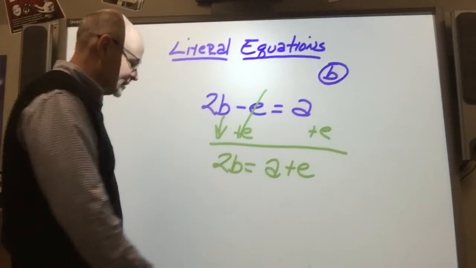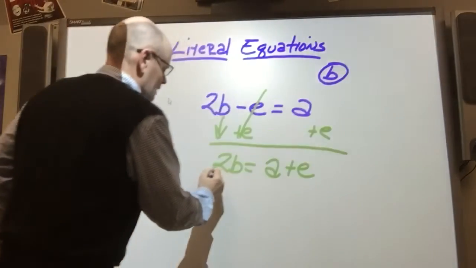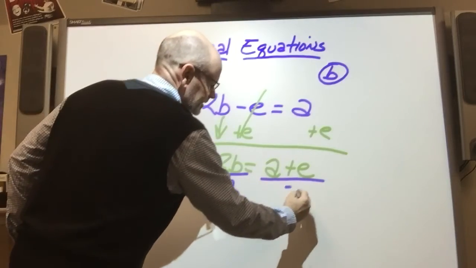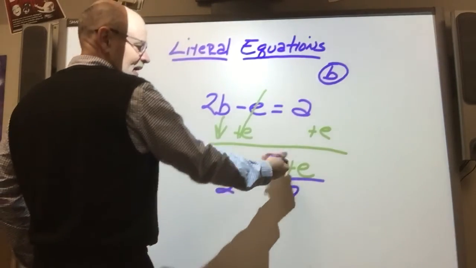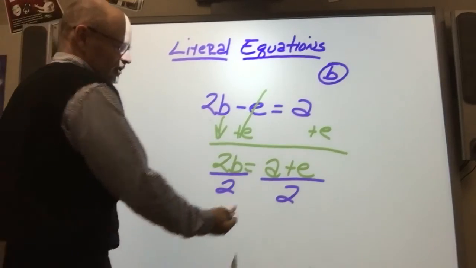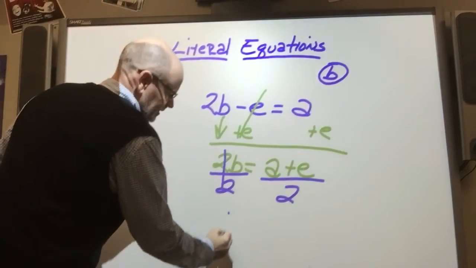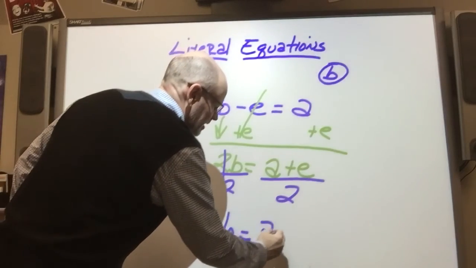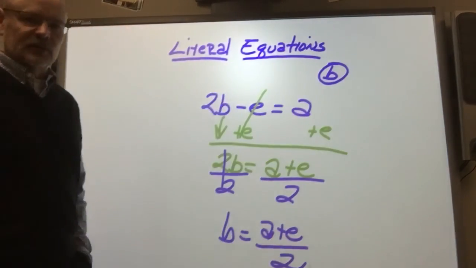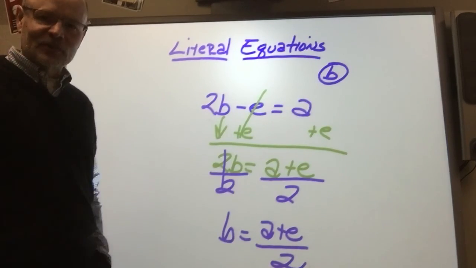I'm going to divide everything by 2. In this case, I'm just going to put one big line there and divide. I understand that after I do the addition up there, I'm going to divide it by 2. Either way, it'll work, but let's just make it look like this. So I'm going to be left with b equals a plus e, and all of that is going to be divided by 2. So there you go. Hopefully that'll help you on your assignment.